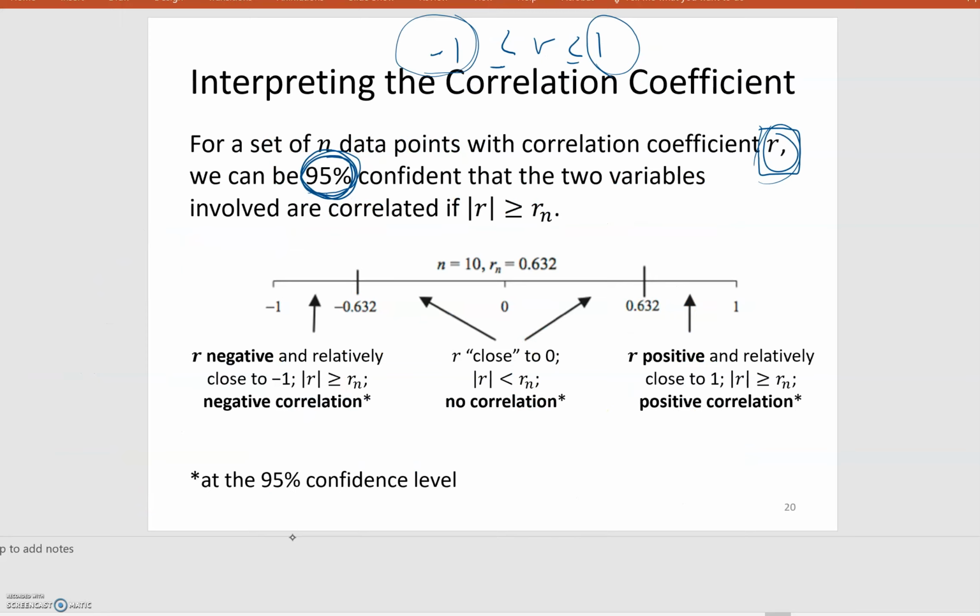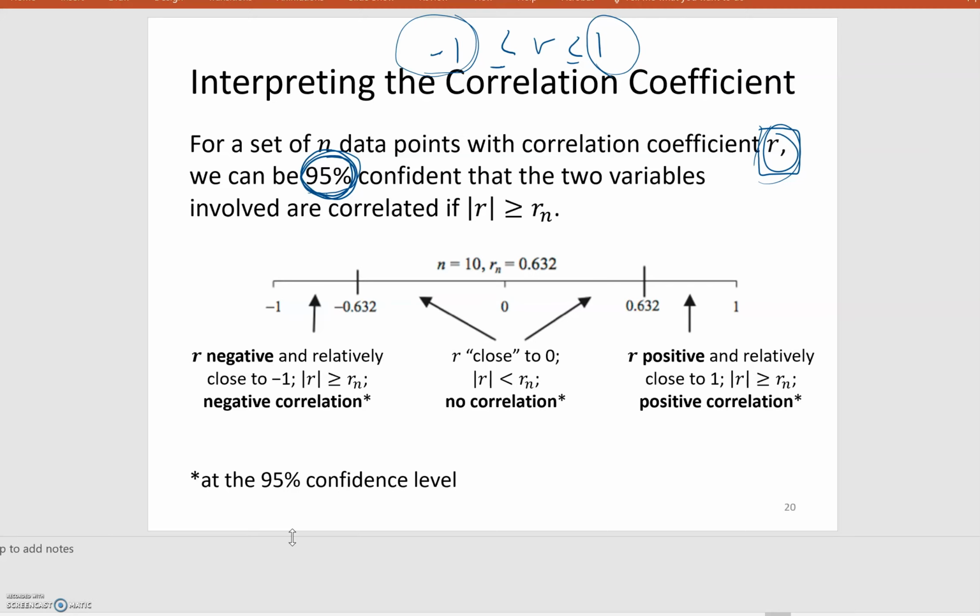Whereas for a negative correlation coefficient, if you're over here, which is further to the left, and bigger in magnitude than the critical value, then you are 95% confident in negative correlation. Whereas if you're over here, then you cannot be 95% confident in negative correlation. One way to deal with that is just to take the absolute value of your correlation coefficient, and then you don't have to think about whether it's positive or negative when you're making that decision.